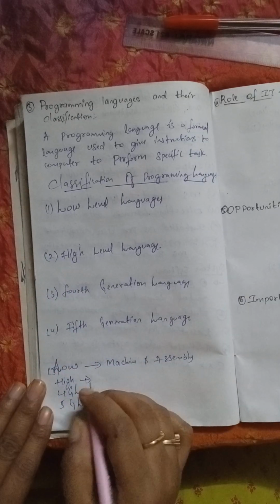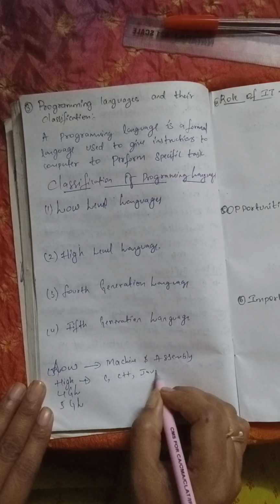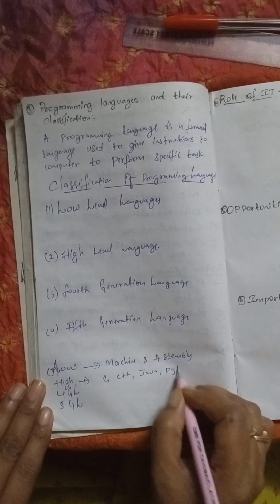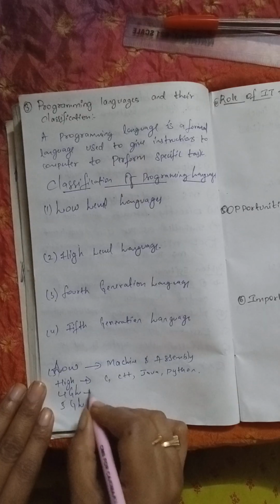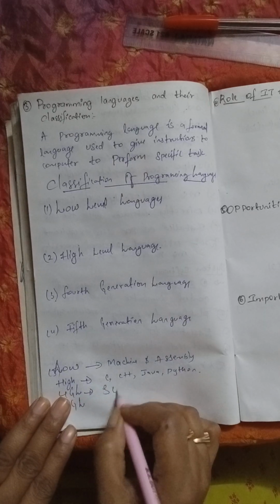High level language means C, C++, Java, Python. Fourth generation language means SQL.